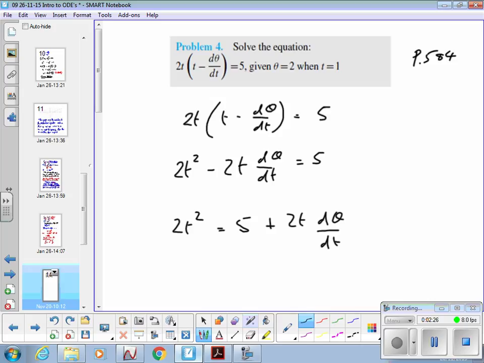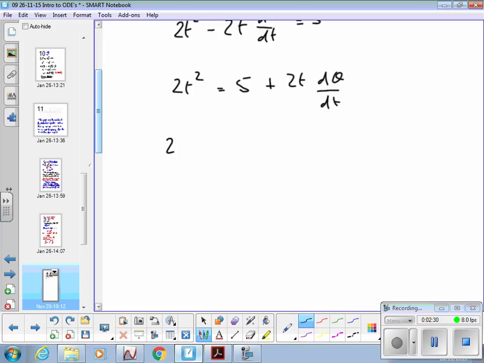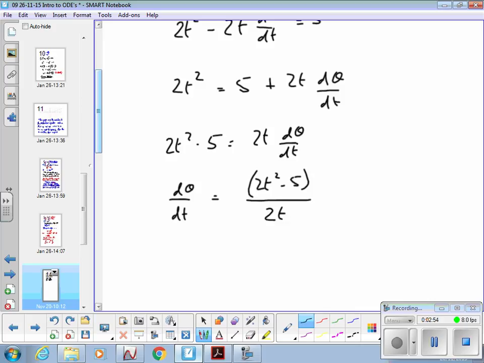Now I'm going to subtract 5 from both sides. And finally I'm going to divide by 2t and write it with d theta by dt on the left hand side. So that's going to equal 2t squared minus 5, all over 2t.